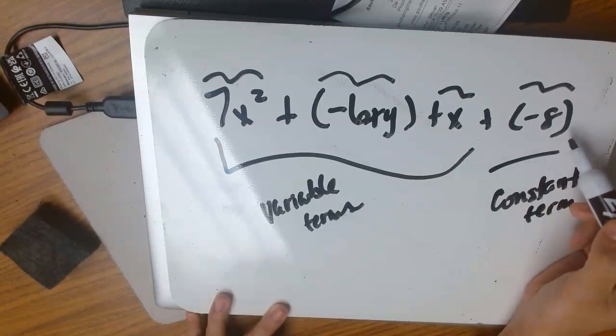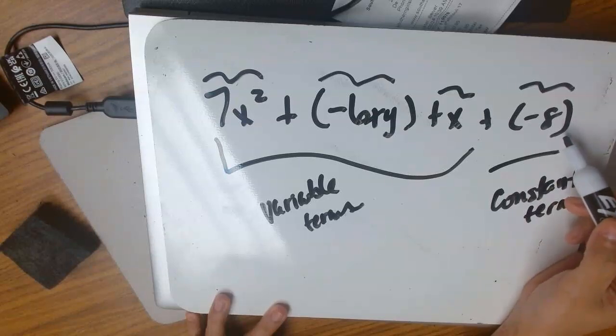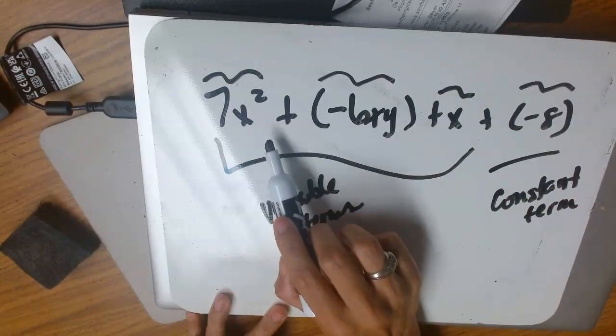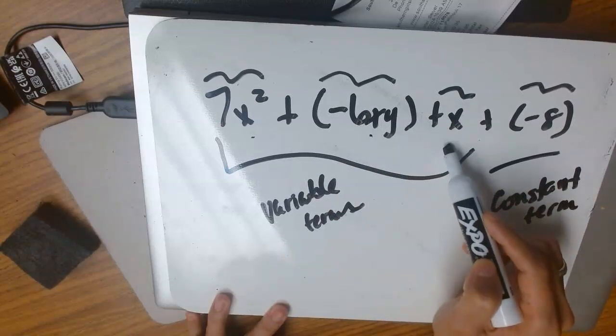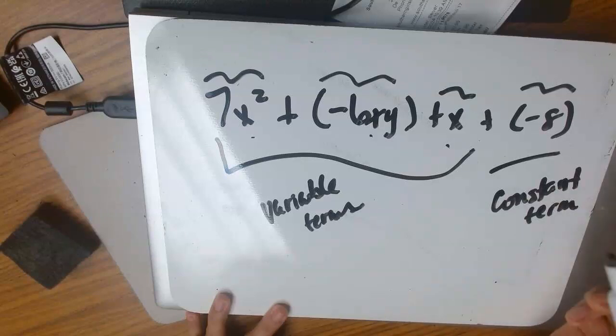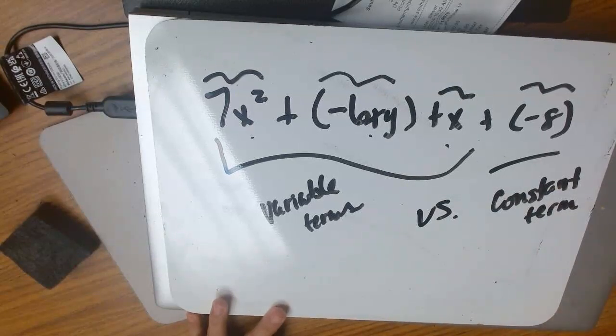The reason this one is a constant term is because it has no variables, so it's just a number. And these are variable terms because they actually have variables in them. Thus the difference between variable terms and constant terms.